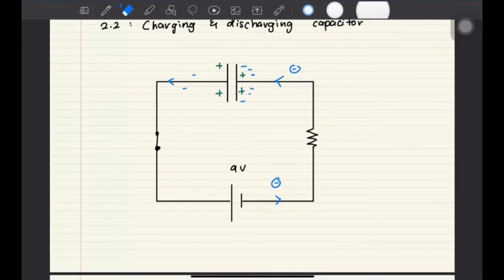Okay, so this process is what we call charging. Charging of a capacitor. The moment it closes, electrons move, until it is full, and then no more electrons move. That process is called the charging process.